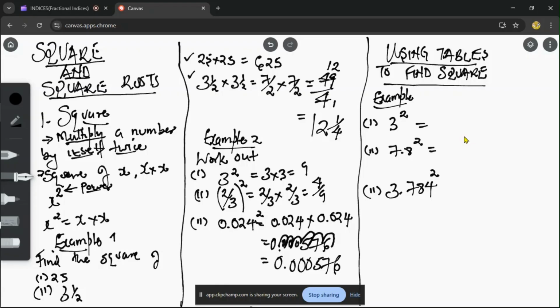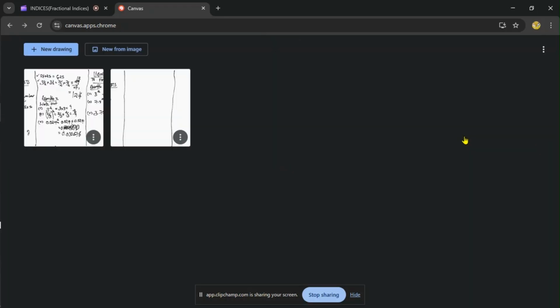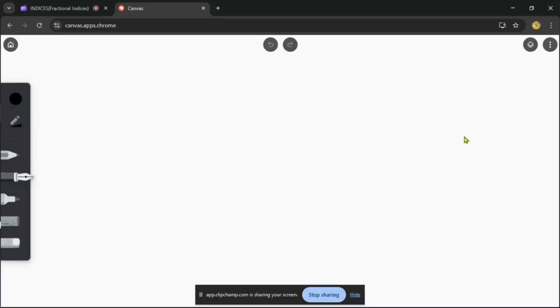We'll see three things there. Generally we have three columns. If I open another page here, basically you have three things.